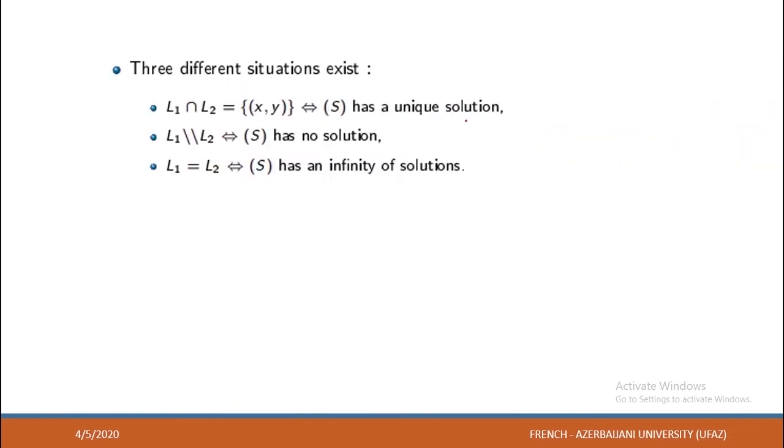If the system has a unique solution, then these lines intersect, and vice versa. If the system has no solution, then these lines are parallel, and vice versa. If the system has infinitely many solutions, in this case, these lines coincide or are the same, and vice versa. That's it.